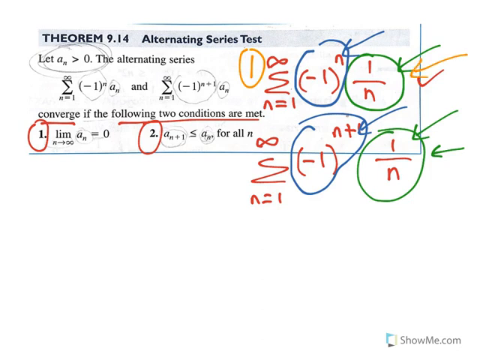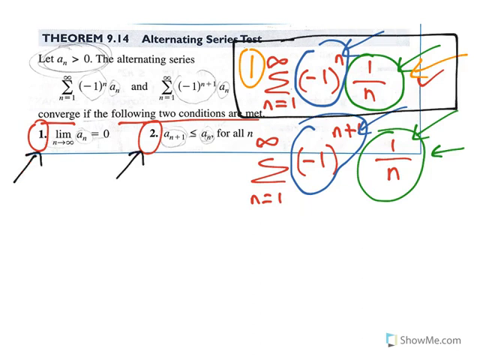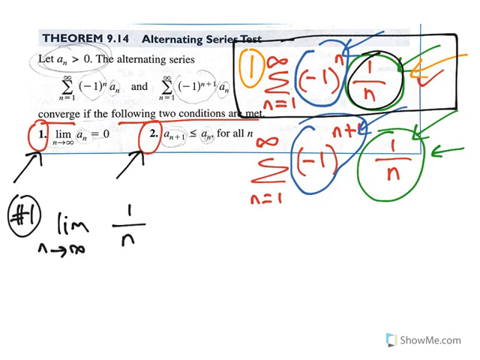So if I want to know if this particular alternating series converges or not, I'm going to check for these two conditions. So for problem number 1, I'm going to check to see if the limit of a sub n. Again, what is a sub n? It's just the 1 over n. That's a sub n. So I want to check if the limit of a sub n as n approaches infinity is equal to 0. It is equal to 0 because as n goes to infinity, 1 over n will go to 0.